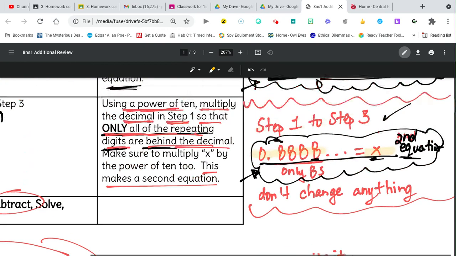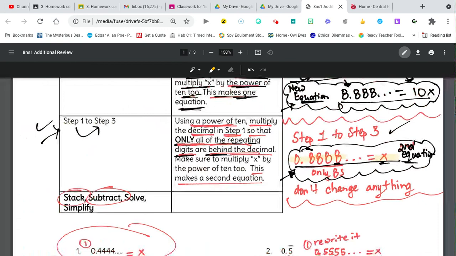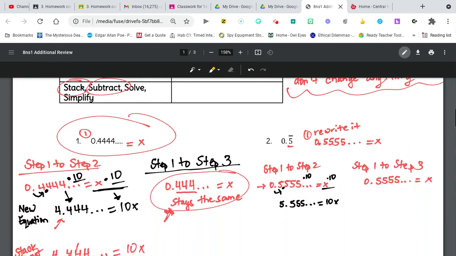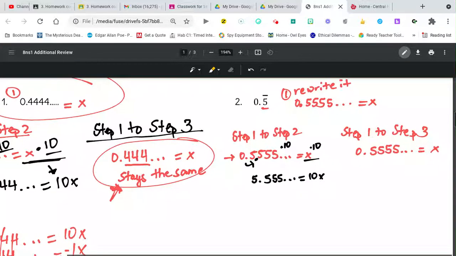Then I go over here from step 1 to step 3. Step 3 says, using the power of 10, multiply the decimal in step 1 so that only all of the repeating digits are behind the decimal. Well, let's look and see if that's already done. Look at all the repeating digits.